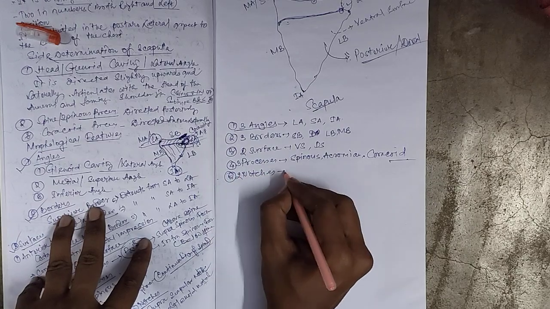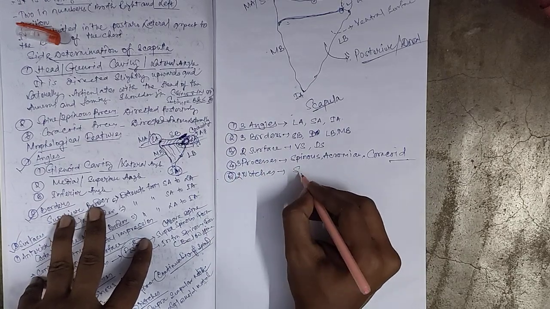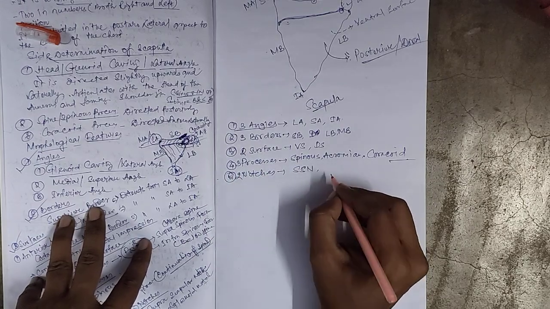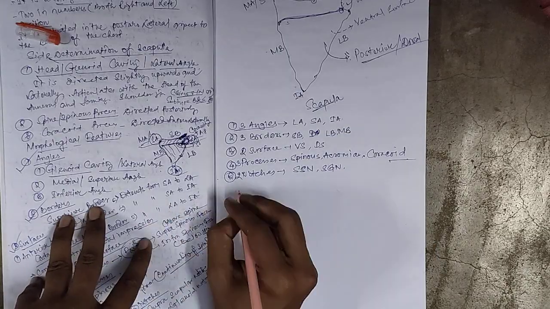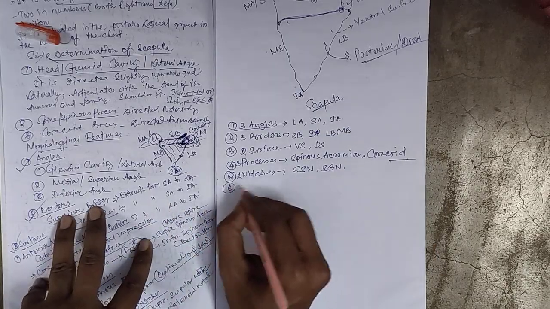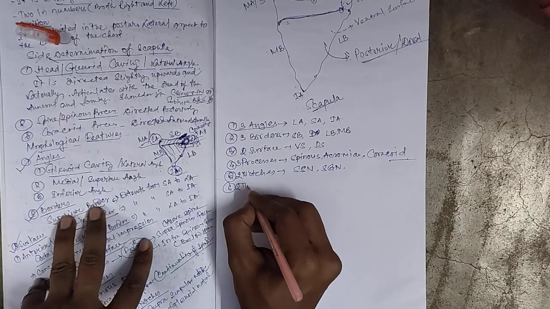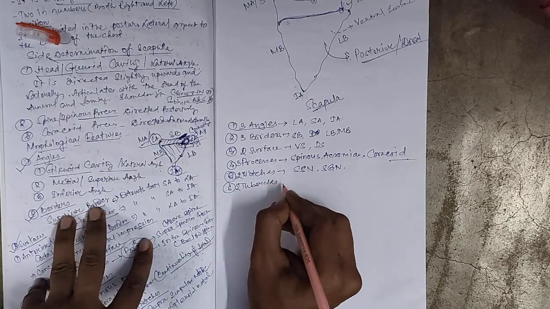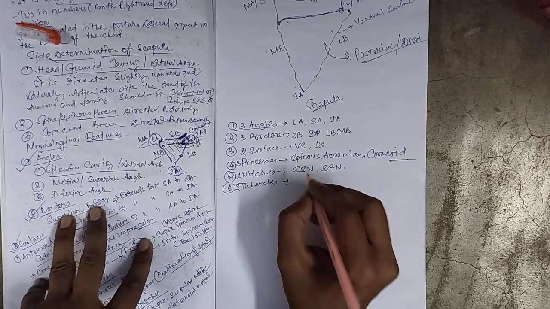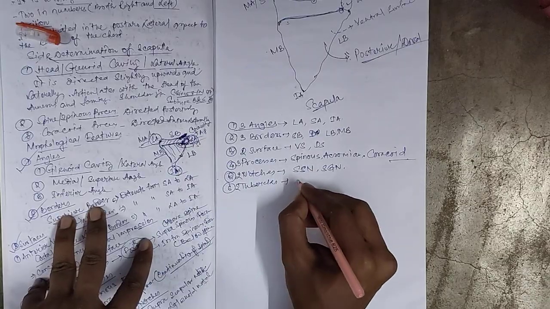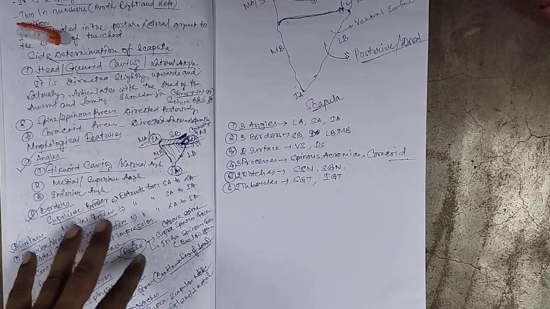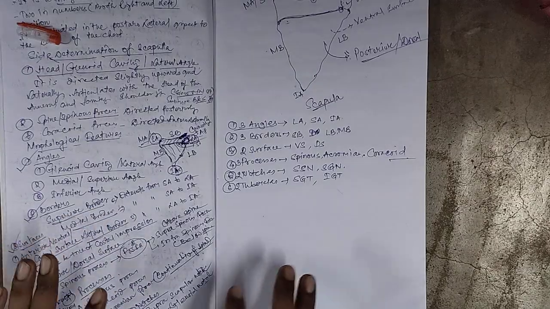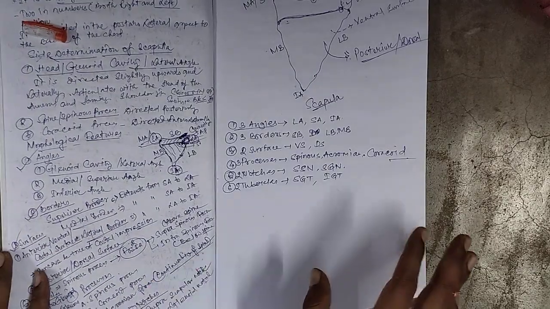There are two notches, like the suprascapular notch and spinoglenoid notch. Then we have tubercles. These are also numbered 2. What are the tubercles? One is the supraglenoid tubercle and the other is the infraglenoid tubercle. So these are all the structures that are present in the scapula.